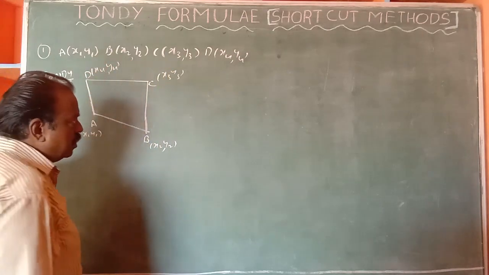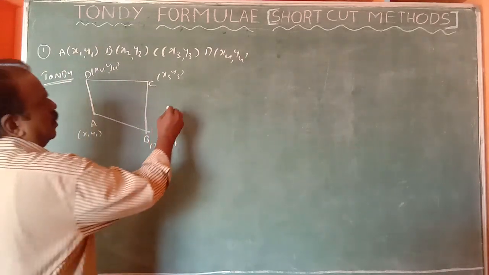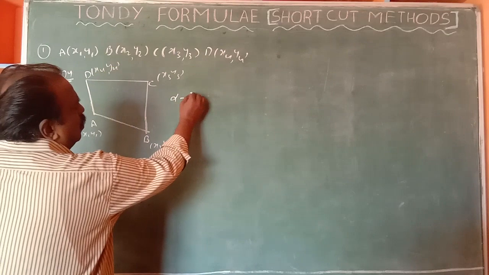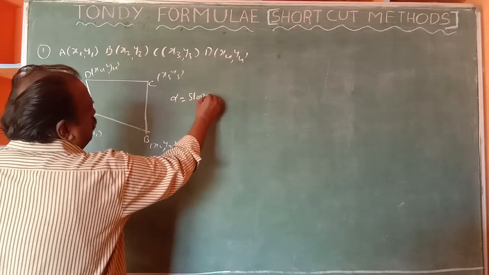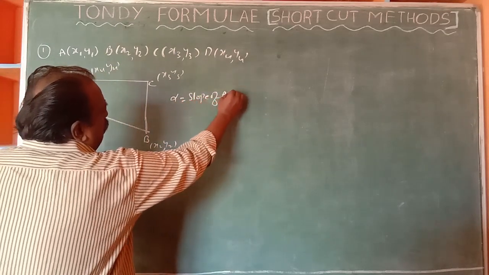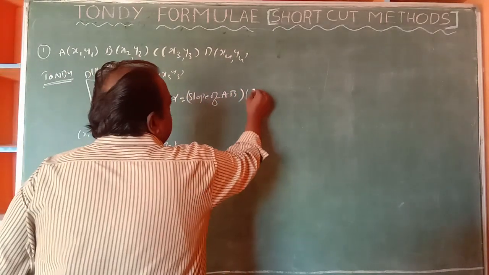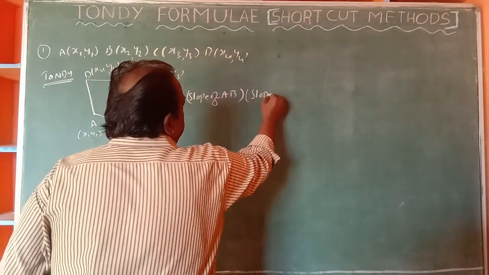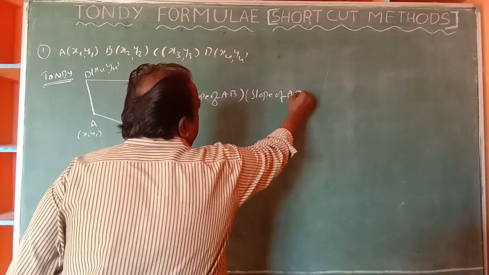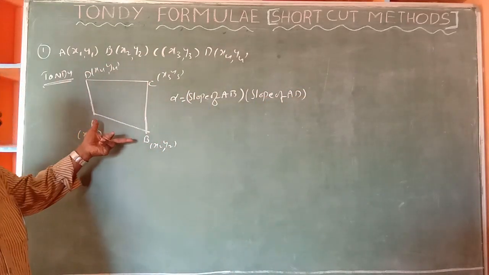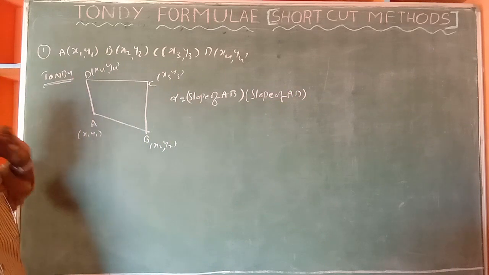Now here let alpha be equal to the slope of AB into the slope of AD. We find the slope of AB and the slope of AD.